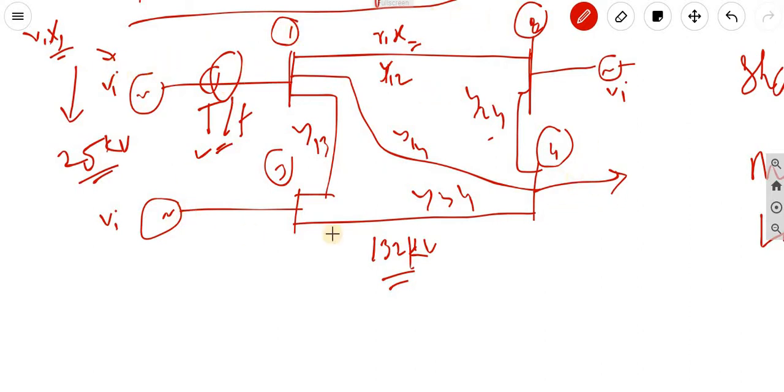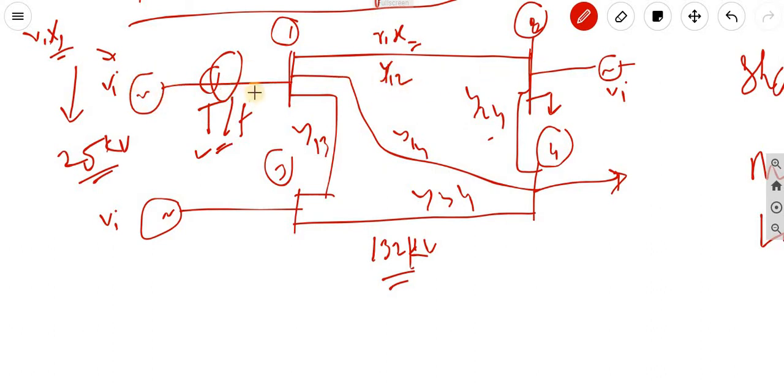These are the buses, and here you can connect some local load, here also some local load, but we are interested in how much current is injecting into the network.